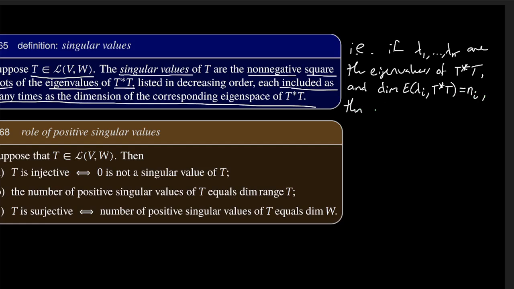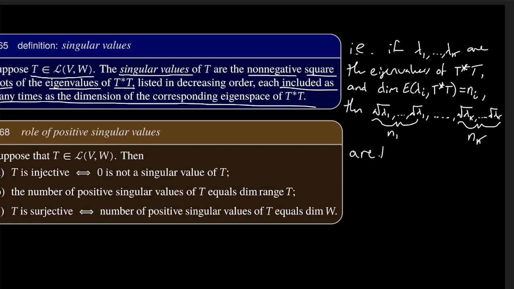Then square root lambda 1, up through dot dot dot, square root lambda 1, this is repeated n1 times, all the way down through the square root of lambda k, through dot dot dot, square root lambda k, and this is repeated nk times.